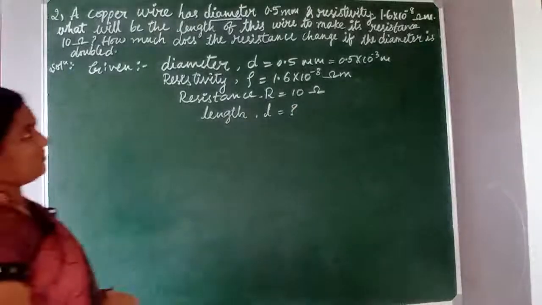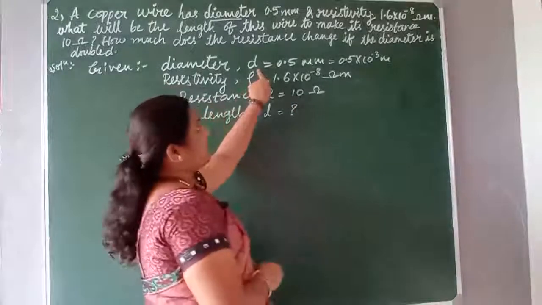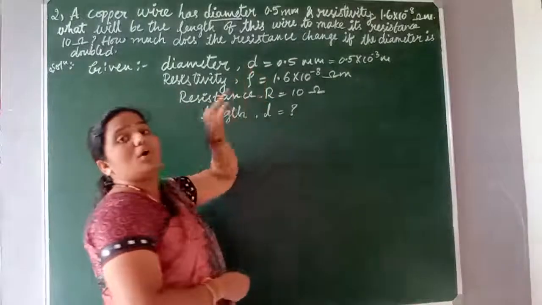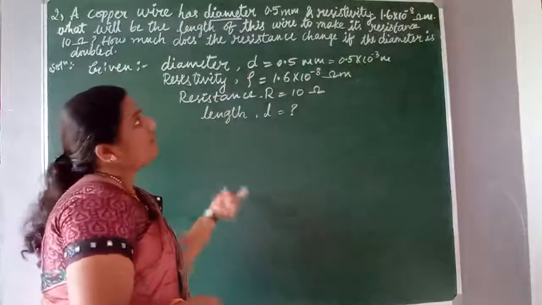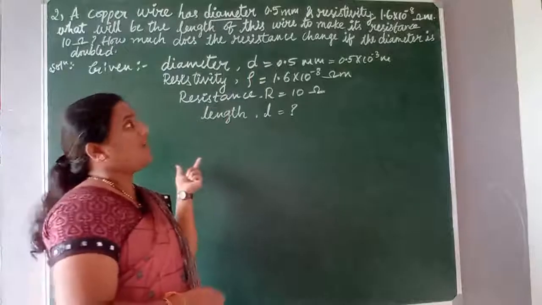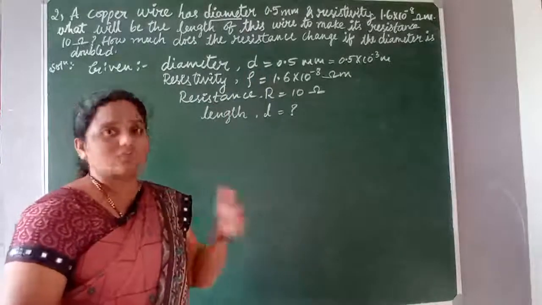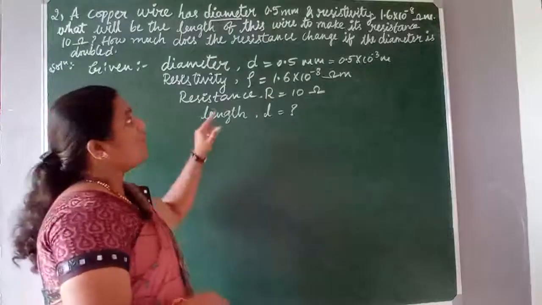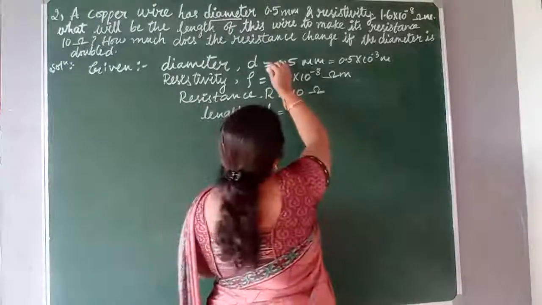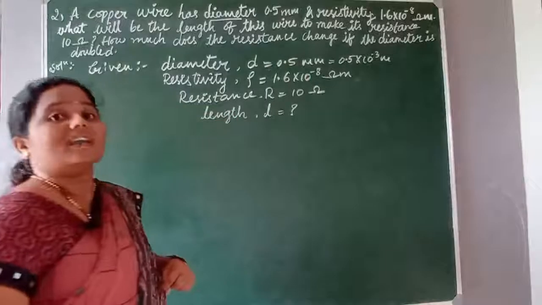So see, children, whenever they have given diameter, you have to take it in terms of radius, because A, the area of cross section, is equal to pi r square, isn't it, children? So we will write this in terms of radius.